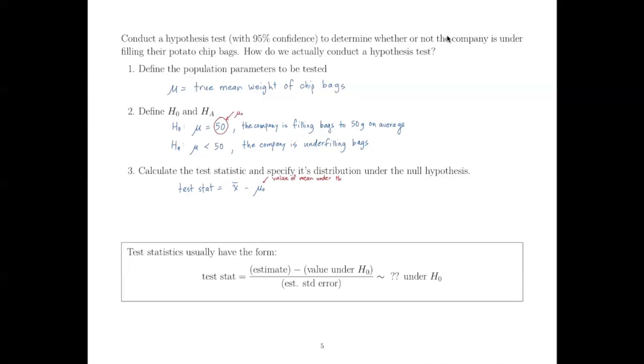So that's my estimate minus my hypothesized value. And then my standard error in this case is sigma over the square root of n. So if I were to plug in the values for this particular problem, I'd have 49.75, subtract off 50, divided by sigma, divided by the square root of 40, because I'm sampling a size of 40 in this particular case.